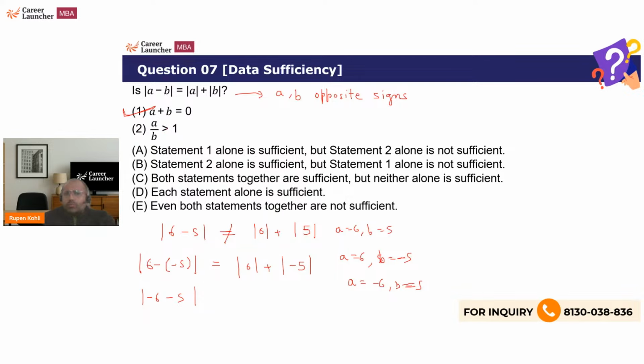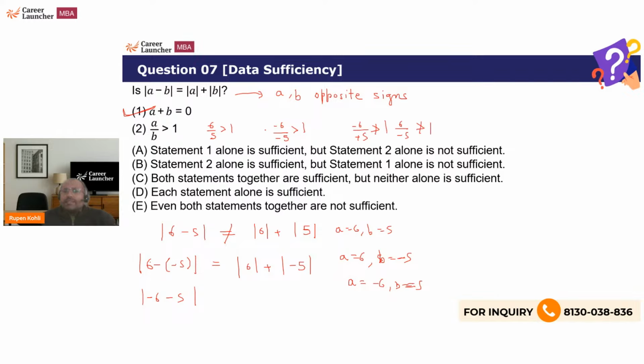Coming to statement 2, which is saying a by b is more than 1. So something like 6 by 5 is more than 1. Something like minus 6 by minus 5 is also more than 1. But if I take minus 6 upon 5, that is not more than 1. Or if I take plus 6 by minus 5, that is also not more than 1.